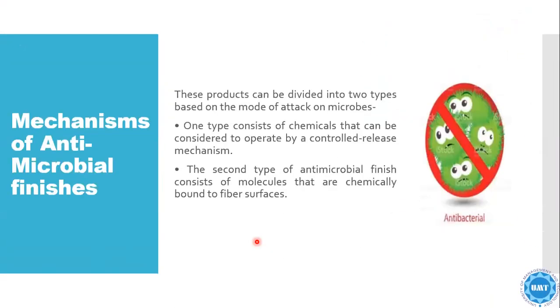What is the mechanism of the antimicrobial or antibacterial finish? These products can be divided into two types based on the mode of attack on the microbes. One type consists of chemicals that operate by a controlled release mechanism, and the other consists of chemicals that are chemically bound to the fiber surfaces.